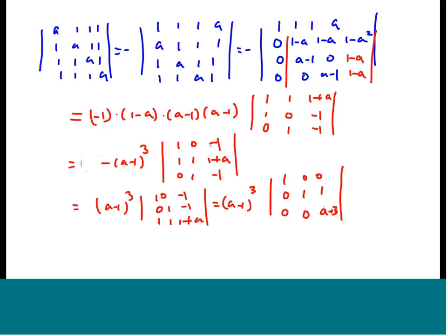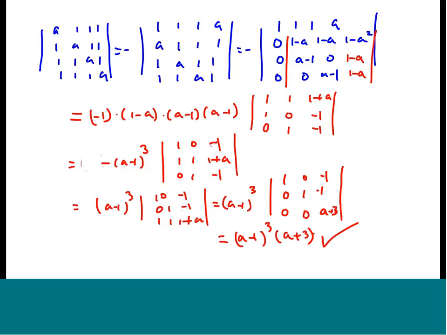1, 0, minus 1, minus 1 here. So the eventual result is, okay. Yeah, that makes sense. Why does it make sense?